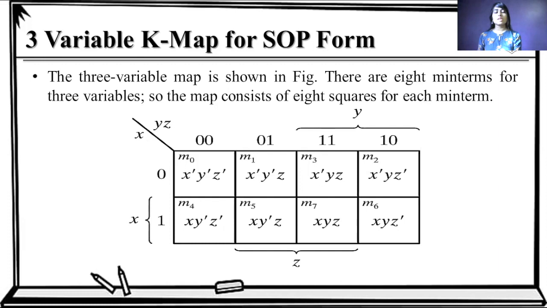Then we can make a group of 4, then a group of 2, and then a group of 1. We have to make groups of maximum size and try to make as few groups as possible. So basically we have a condition that we have to cover all the ones with the minimum number of groups but with the maximum size.